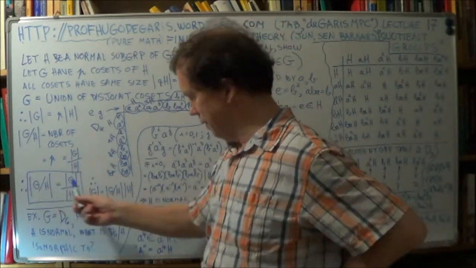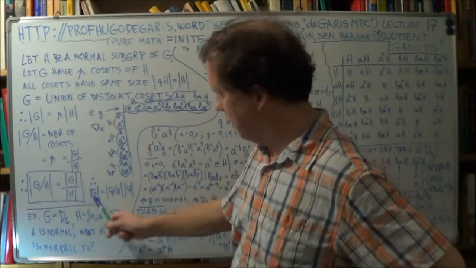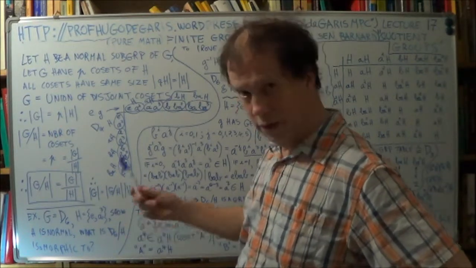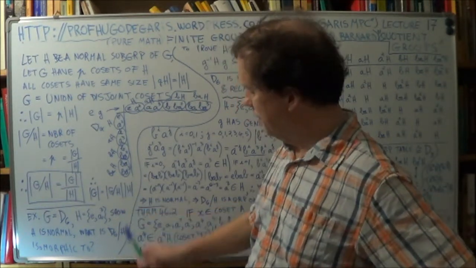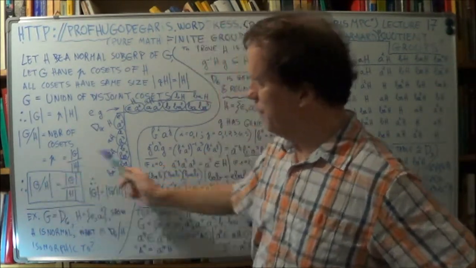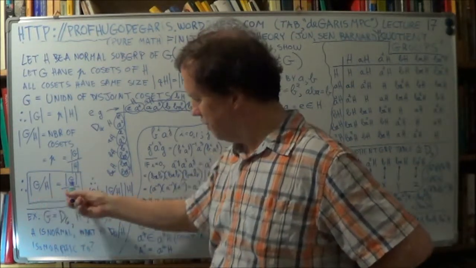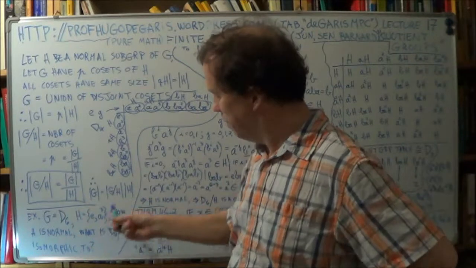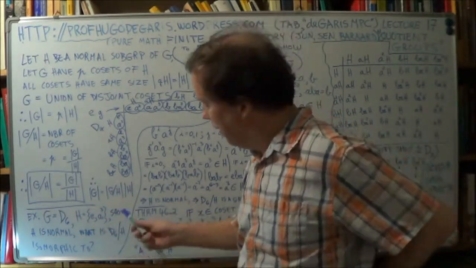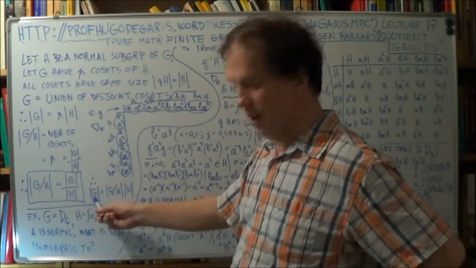Now I can rewrite this. I can take this H over to this side, so I get the size of the group is the size of the quotient group, or factor group, times the size of the subgroup. If you look at it in this form, you can probably see why this group is called a quotient group. It's the result of a division. But if you look at it in this form, and the two are utterly equivalent, this group here is a factor of this one.